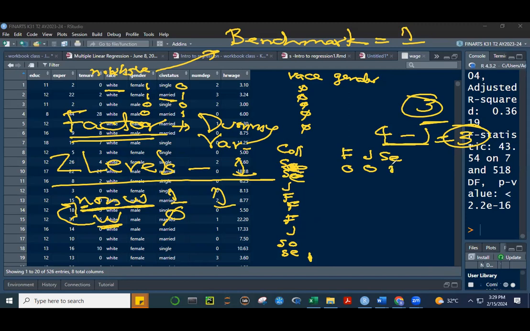Senior siya. Si Senior, 0, 0, 1. Tapos si Junior, 0, 1, 0. Si Frosh, 1, 0, 0. Pagdating na kay Sophomore, 0, 0, 0. Okay? Now, question. Were we able to capture all the levels?